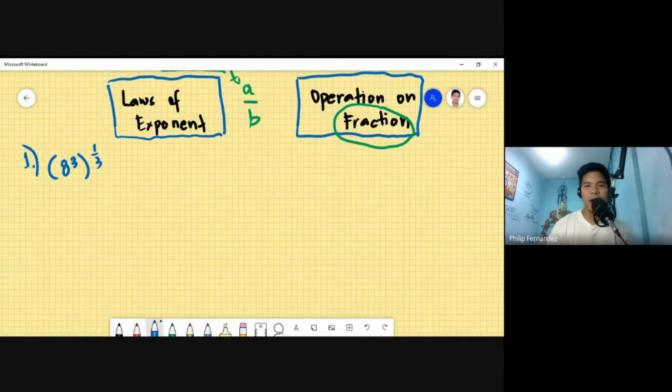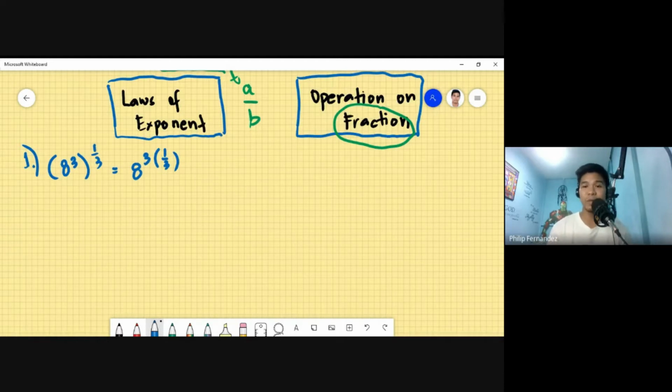So, on that manner, we're just going to multiply the exponent inside the parenthesis to the exponent outside the parenthesis or outside the quantity. So, we have here now 8 raised to the third power multiplied to 1/3. It is an application of multiplication of a whole number to a fraction.